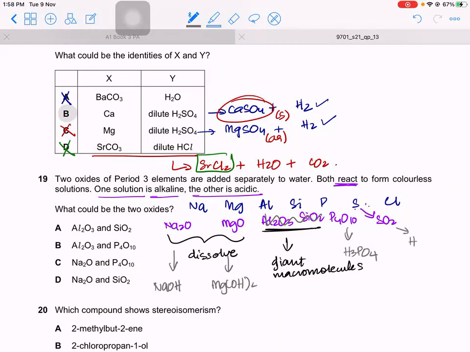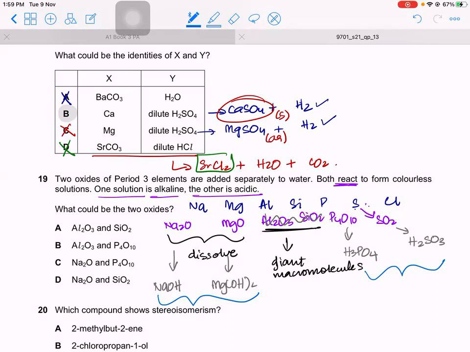And this will give you H2SO3, sulfurous acid. Now they are saying they both react to form colorless solutions. One solution is alkaline, the other is acidic. Alkaline would be these, acidic would be these. They dissolve to give colorless solution.